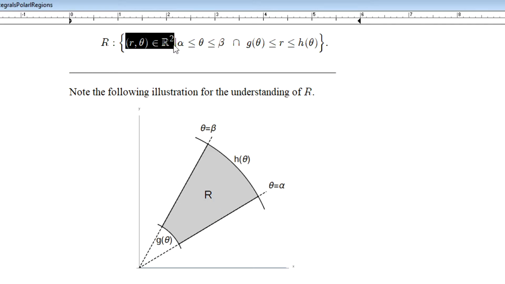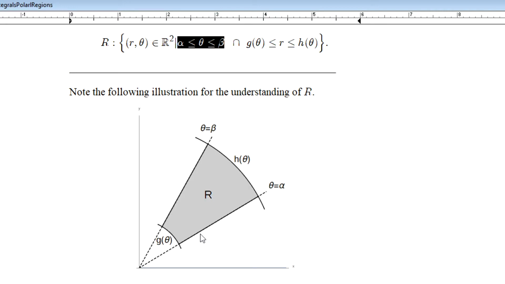This description of R is the set of coordinates (r, theta) describing all these locations within R, where we've put these restrictions on r and theta. First of all, theta are these angle measurements that, if we recall, form between a radial arm passing through the origin and the positive portion of the x-axis.